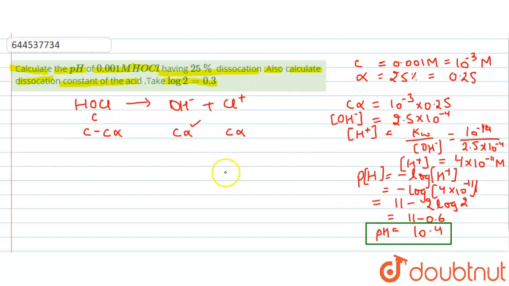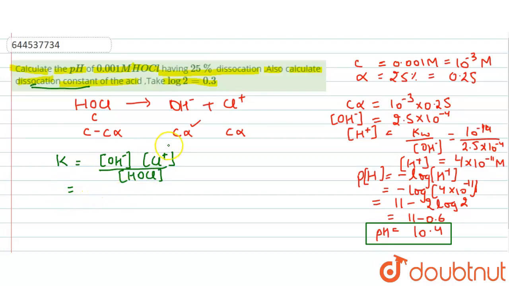Okay friends, after finding this, we have to find the dissociation constant of the acid. Let the dissociation constant be K. So it will be the concentration of the ions divided by the concentration of HOCl.